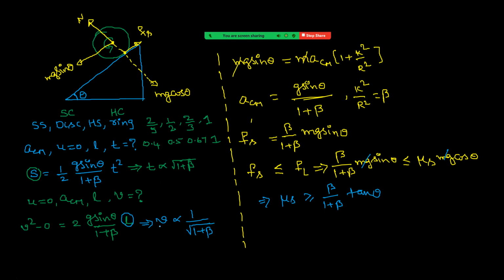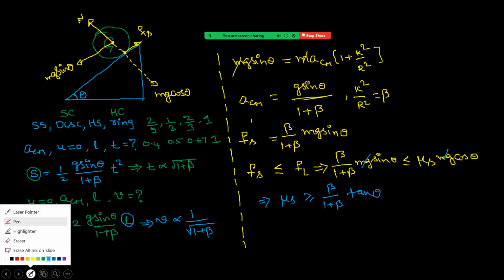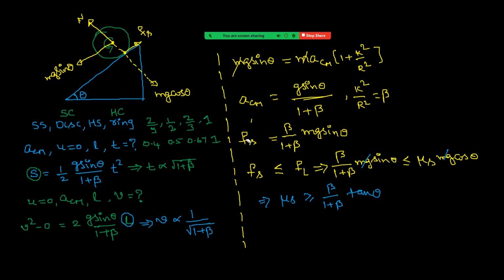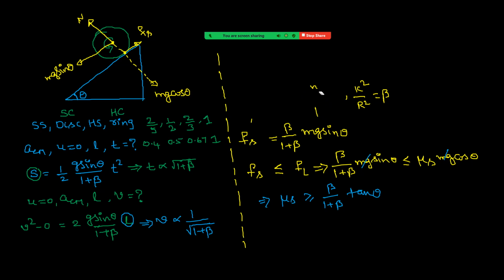Or we can get the same conclusion by using energy conservation. Let us see how to get it using conservation of mechanical energy. Suppose this height is h. If the height is h, initially it has only gravitational potential energy because we are releasing the body, no kinetic energy.